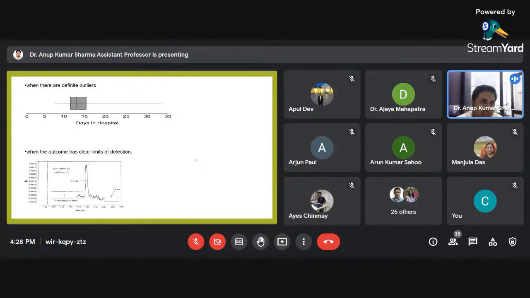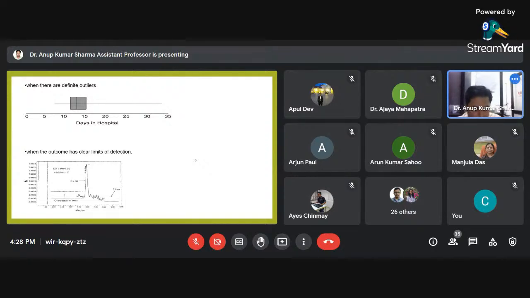Non-parametric tests are also used when there are definite outliers. Outliers, you understand: suppose I have some tendency in the data, but there is one fault. Suppose in the classroom where I'm teaching mathematics, students are mostly getting more than 60% marks, but one student gets 5 marks.